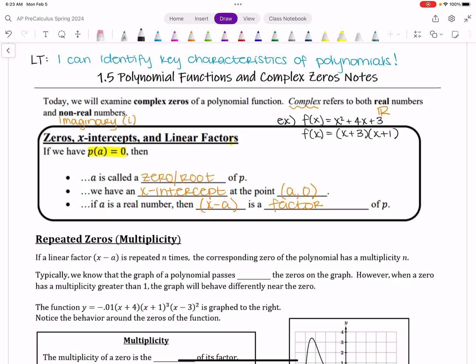And in order to solve that, remember we want to set both factors equal to 0, so x plus 3 equals 0, or x plus 1 equals 0.